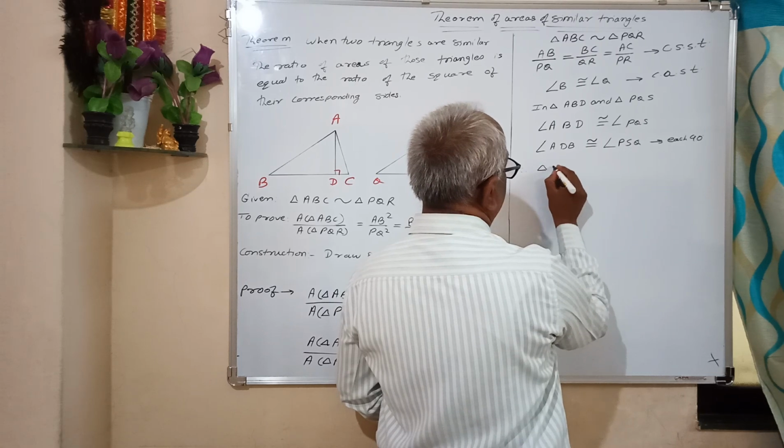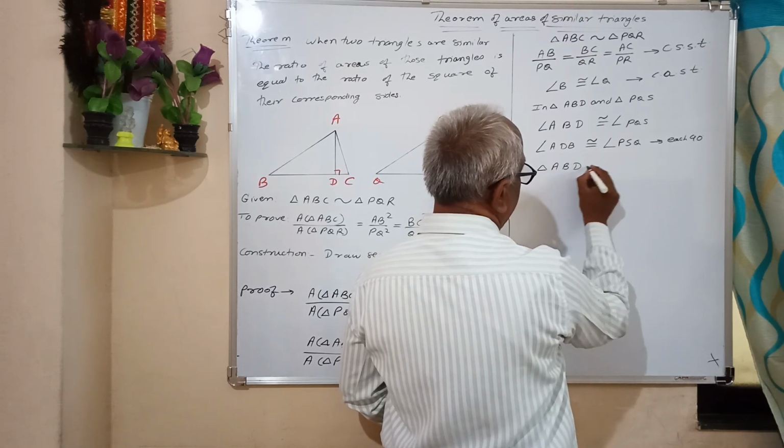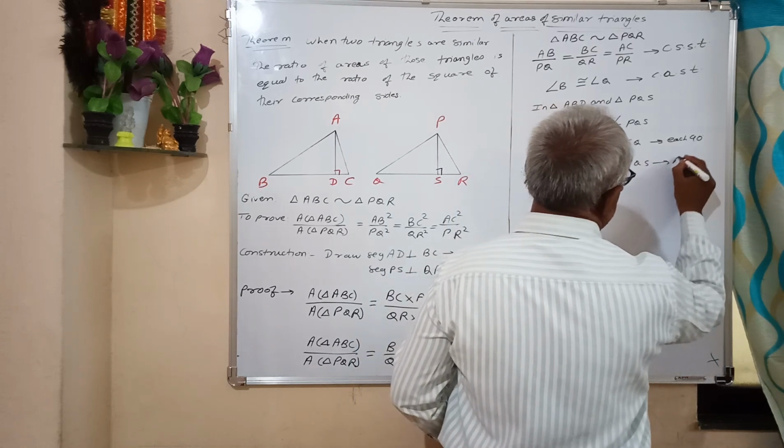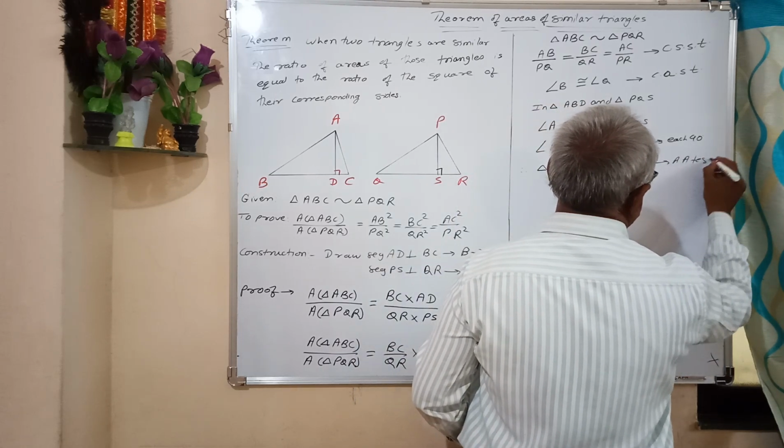Therefore triangle ABD is similar to triangle PQS by AA test.